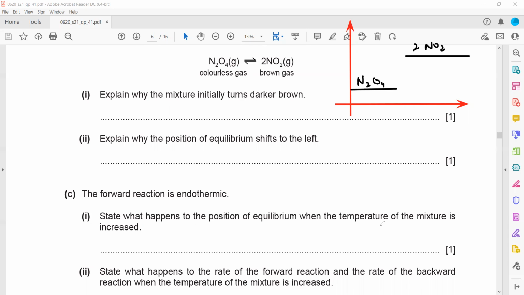What happened to the position of equilibrium when the temperature increased? We have both reactant and product, but the reactant energy is less. So most of the energy will be absorbed by the reactant and it will start to form product. So for an endothermic reaction, an increase in temperature shifts the equilibrium towards the right-hand side.